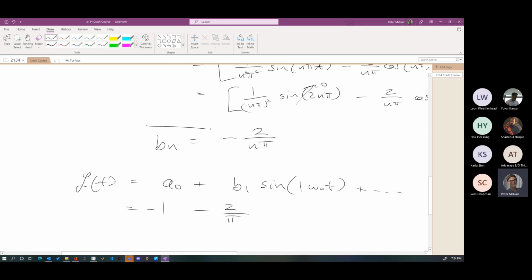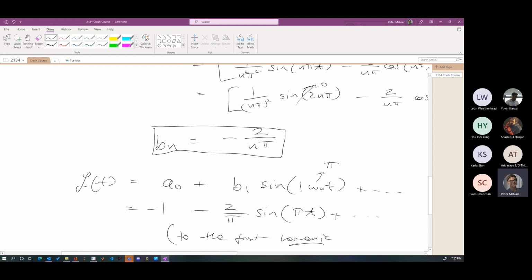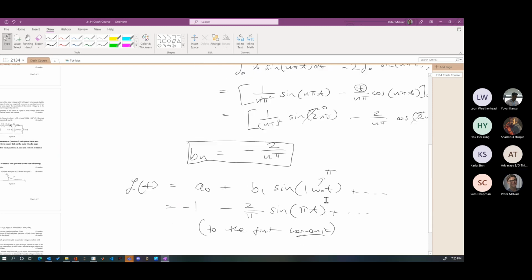It's bn. Minus 2 on pi sine of our omega naught, which was pi t, plus on and on and on. And I write to the first harmonic just to show that you really know what's going on.